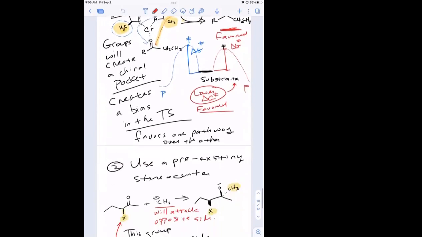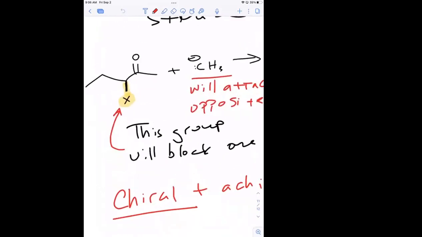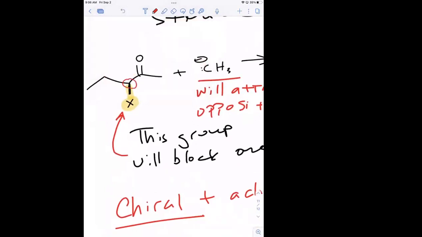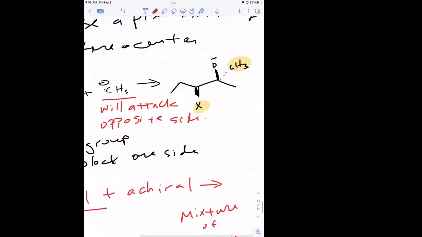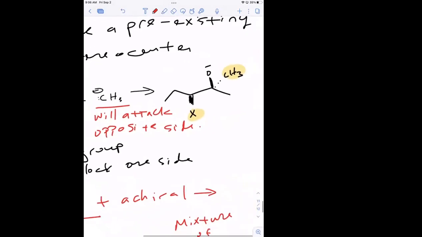All right, and it's the same here. We're using a pre-existing stereo center, right? If you have a molecule that has a chiral center already in it, like the one we had here, that chiral center is going to dictate the outcome of the reaction. So over here in the products, you're actually going to get both products.